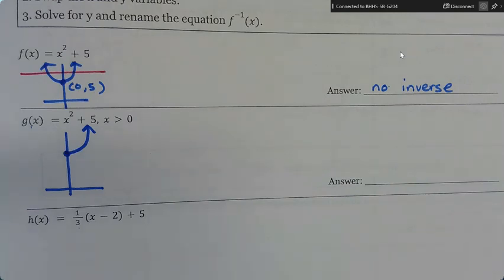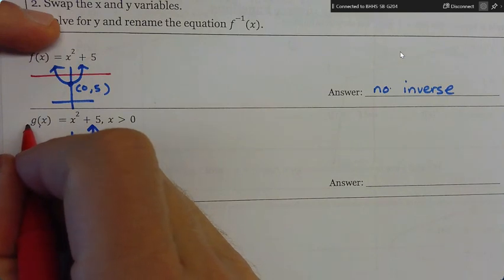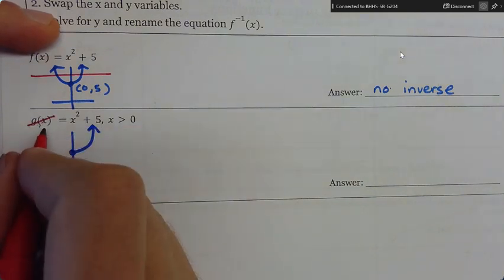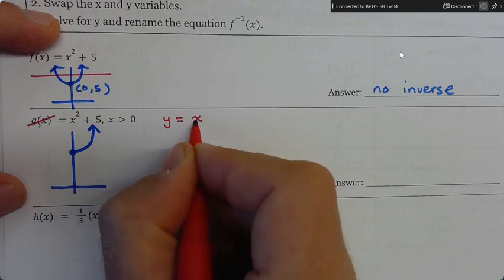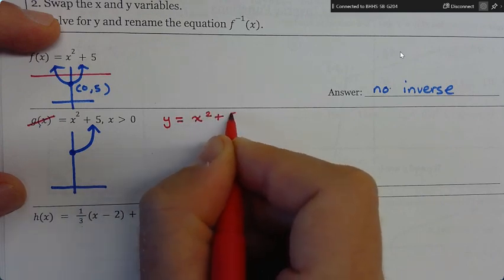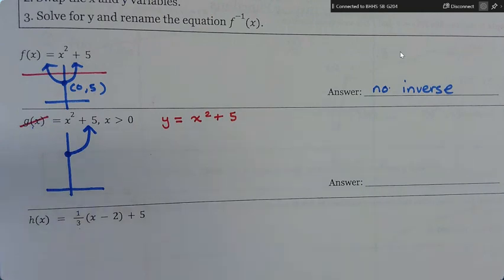And here's how you do it. It's a very simple dance to do. First, we know that g of x means the same thing as y. So I'm going to rewrite this as y is equal to x squared plus 5. And then the second thing we're going to say is, what have we been practicing all along? When you do the inverse function, what do you do with x and y? Swap.